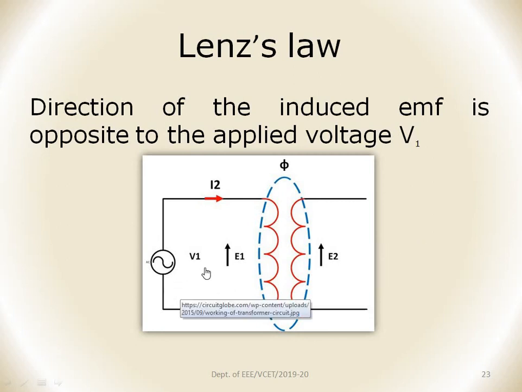This is the path of the applied voltage, whereas the path of the induced EMF is in this direction. That's why we say that an opposing direction to the applied voltage is created by the induced EMF.